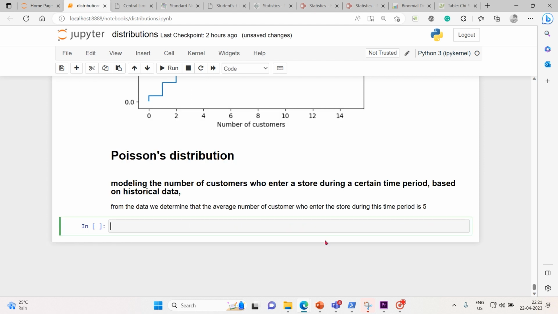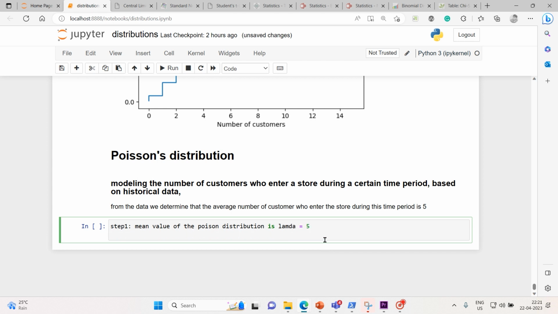Now, as step 1, we have the mean value of the Poisson distribution, which is lambda equals 5.